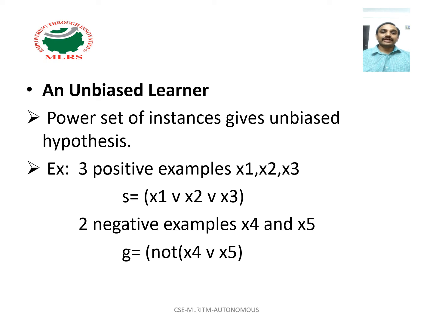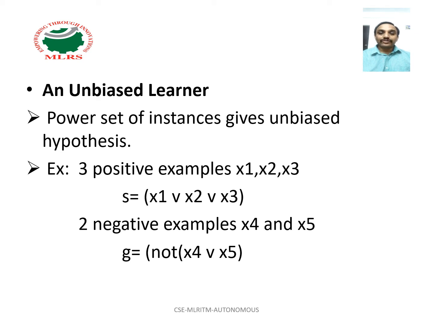In our candidate elimination example, we have 6 attributes. Sky has 3 values, air temperature 2, humidity 2, wind 2, water 2, and forecast also 2. So in total there are 96 possible instances.